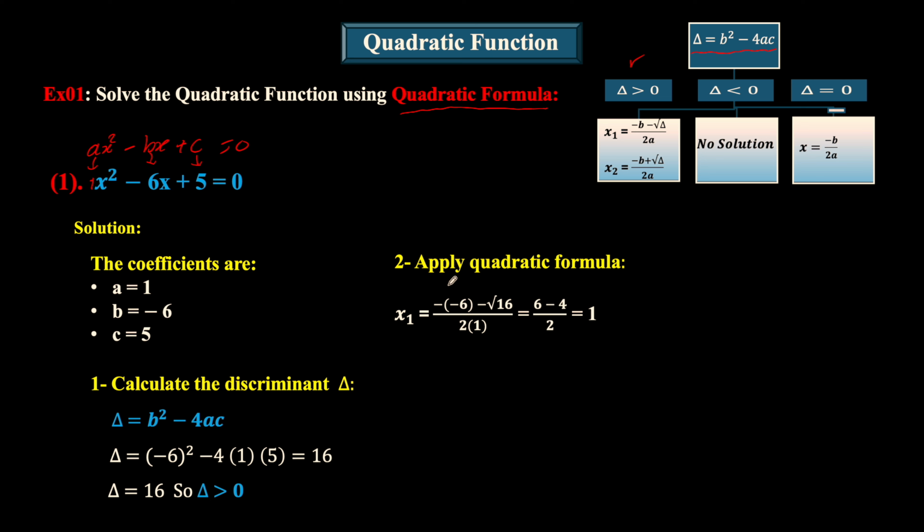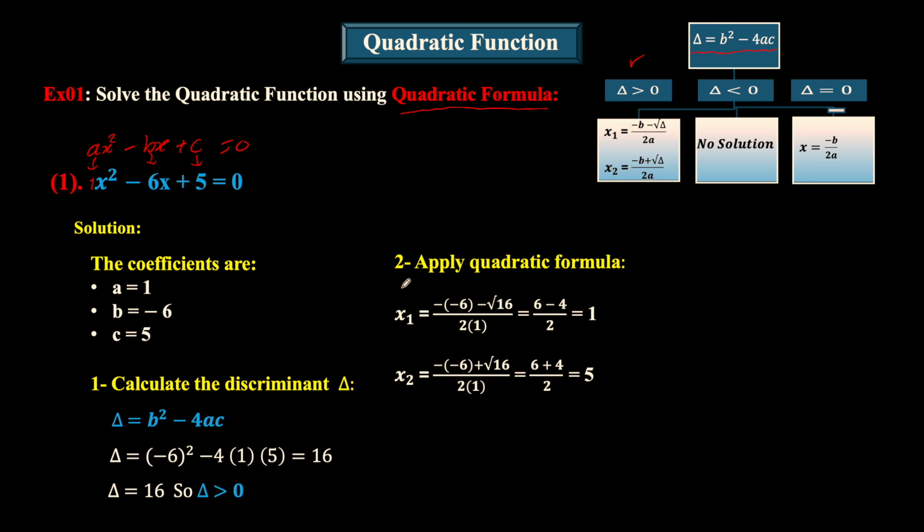Now minus multiplied by minus 6, we get 6. Minus multiplied by minus is always positive. Then minus, what is the square root of 16? It is 4, right? Over 2 multiplied by 1 is 2. So 6 minus 4 is 2, 2 over 2 is 1.